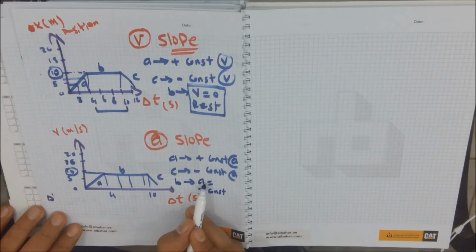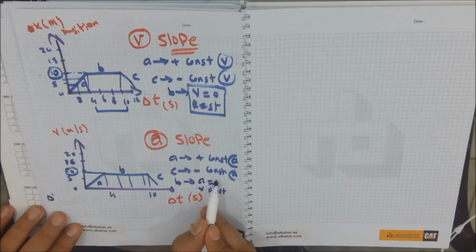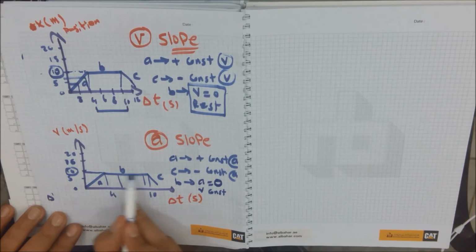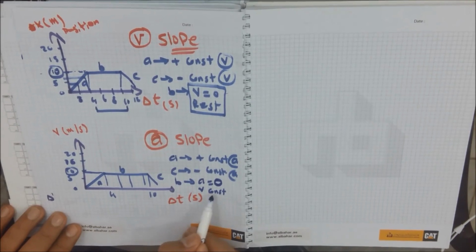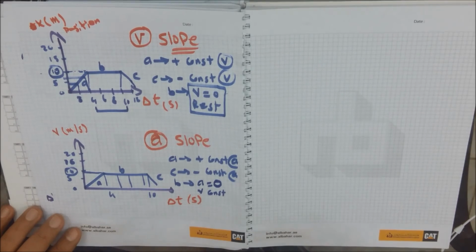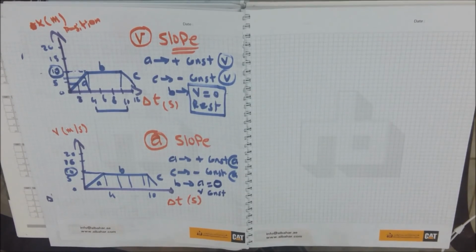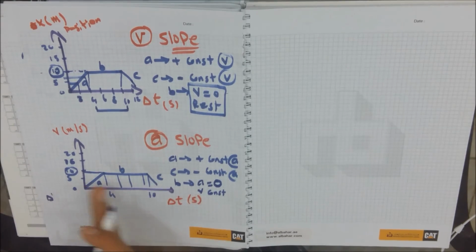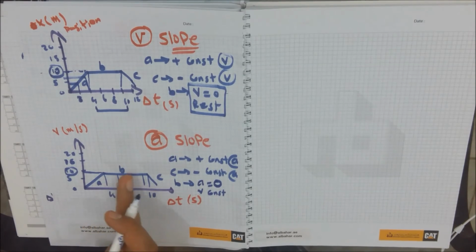What does this mean for acceleration? This means that acceleration would be 0. So the car wasn't accelerating in here. The car was moving with constant velocity, which is the cruise of the car. When you press cruise, this means that you are making this line. The car is moving on one speed. So this is the meaning of A and C, positive and negative constant, while B is zero acceleration.